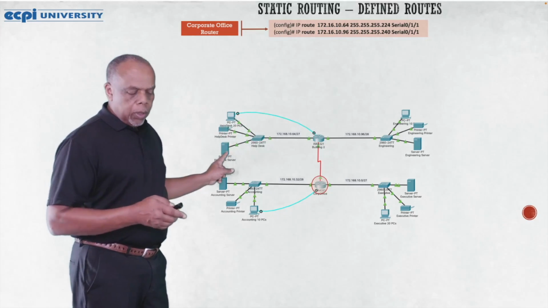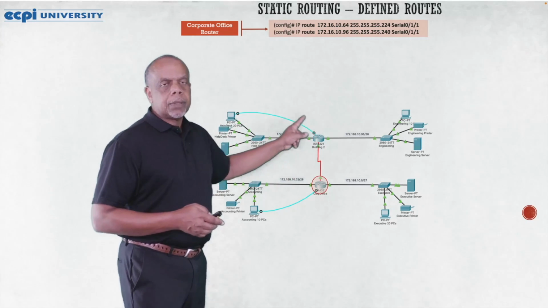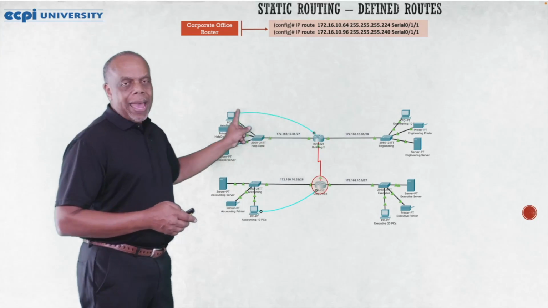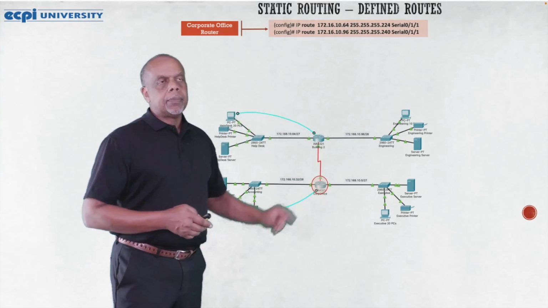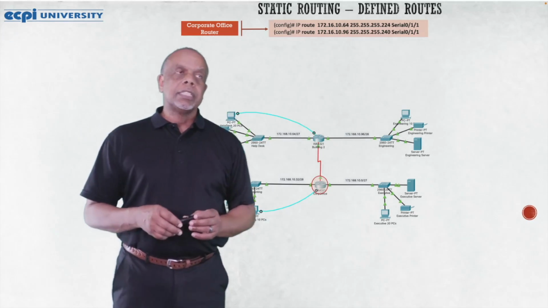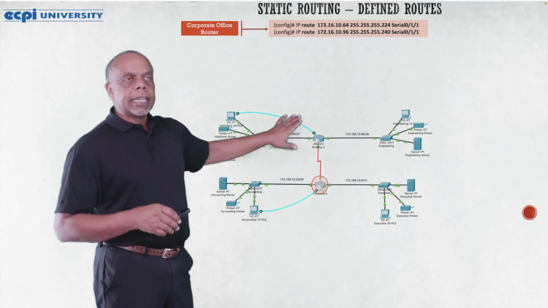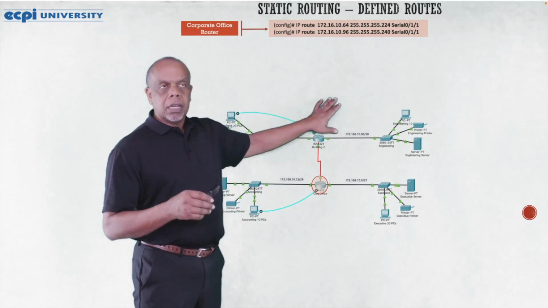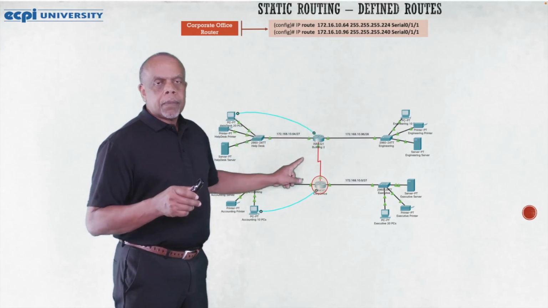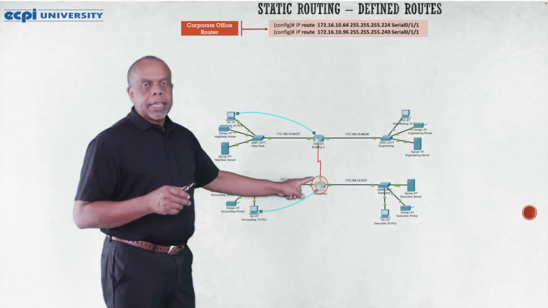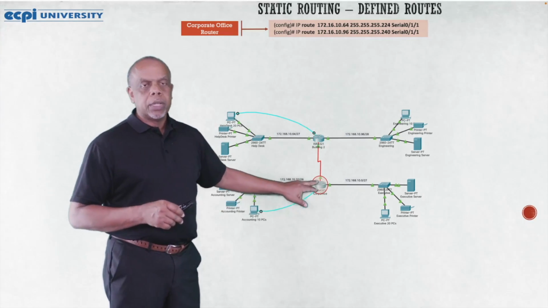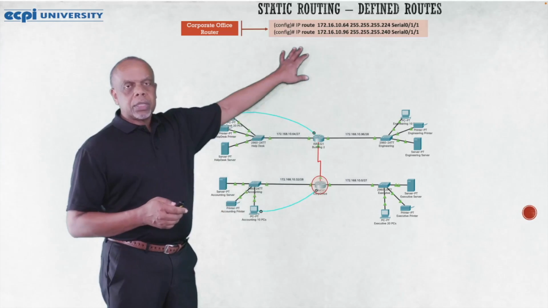So basically what it is doing for me is establishing a pathway to that subnet. The second one that I'm going to put in there would be 172.16.10.96 with a subnet mask of 255.255.255.240. And they are connected to the 0/1/1/1 interface here. So this is what this is doing for me.